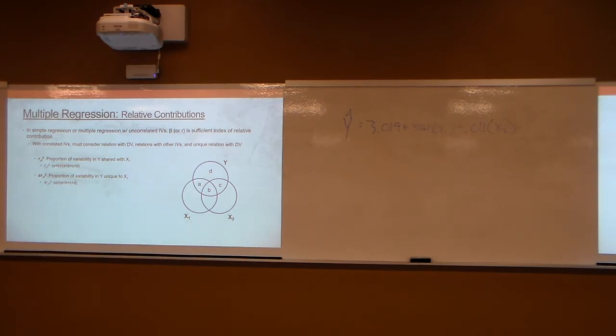In this diagram, my squared semi-partial correlation is going to be reflected through area A over A plus B plus C plus D. Why does this make some sense? Yeah, you're accounting for all of the variance. Yep. So I'm looking at the proportion of total variance, the total piece of the pie.